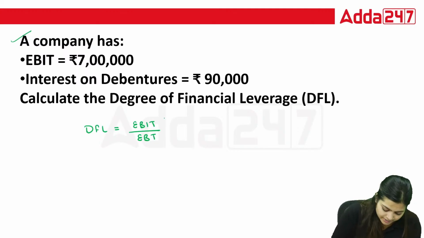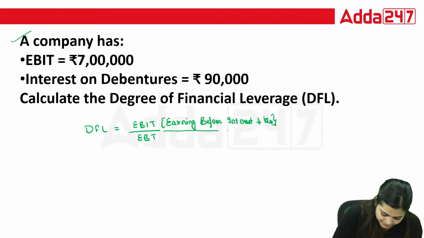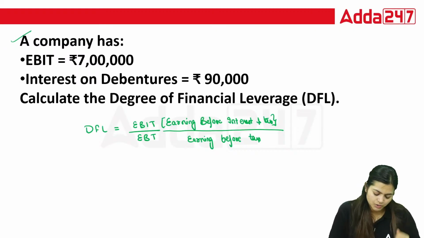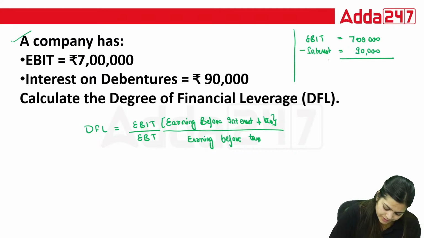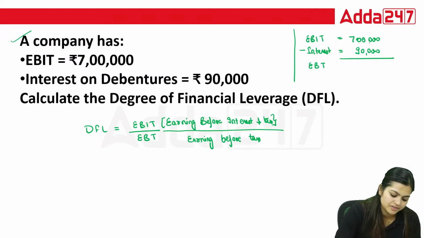EBIT means earning before interest and tax, divided by earning before tax. So here we have EBIT, that is 7 lakhs, minus interest 90,000.